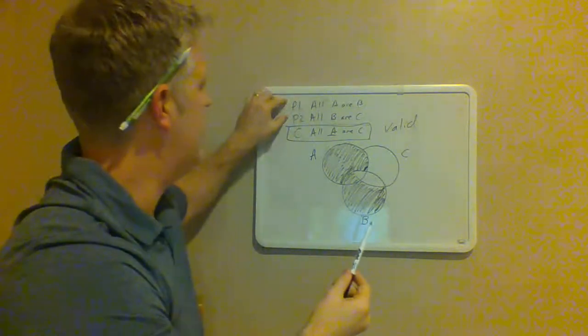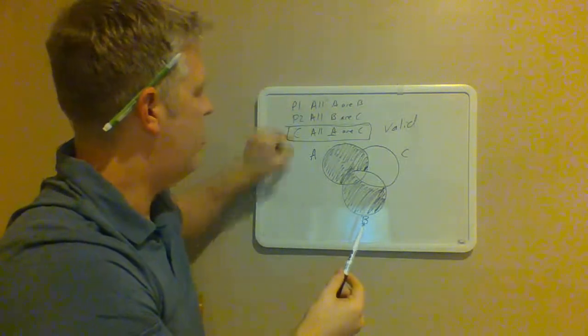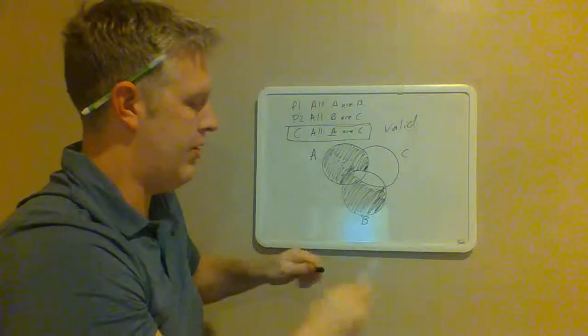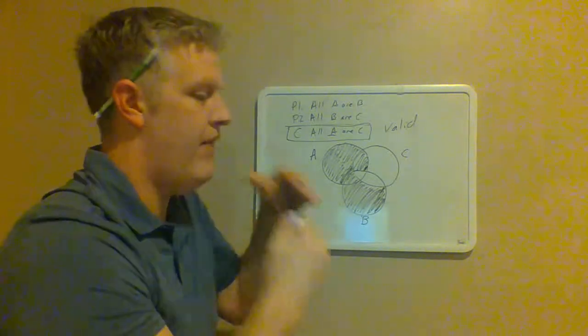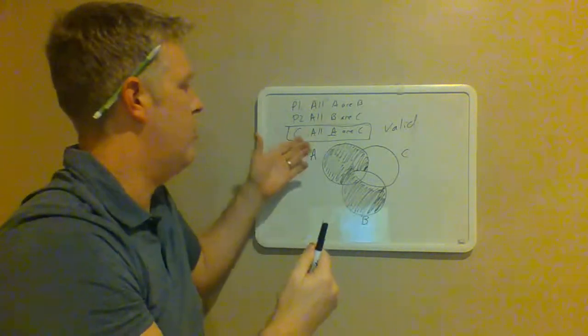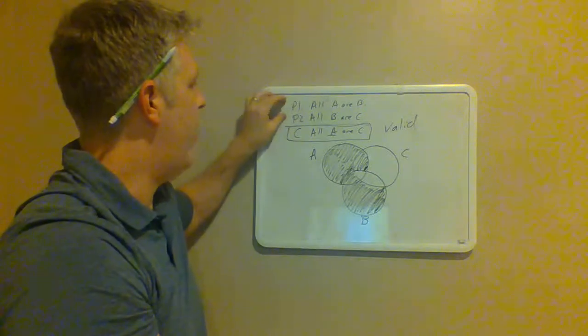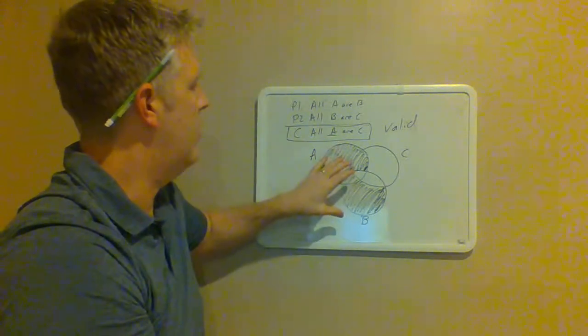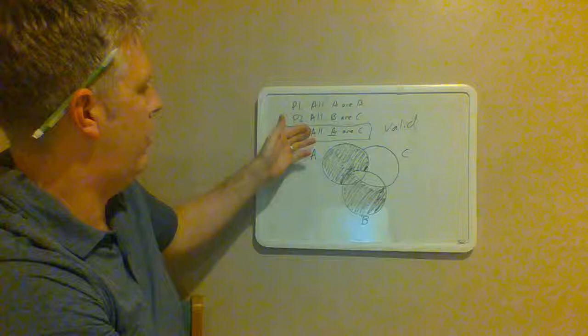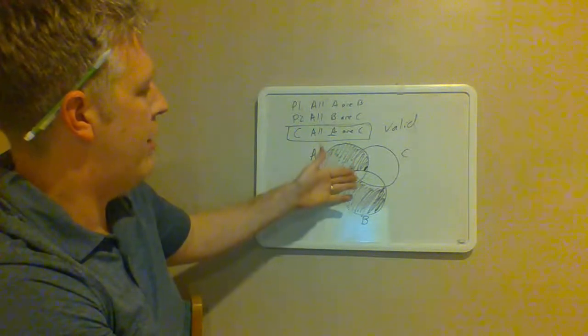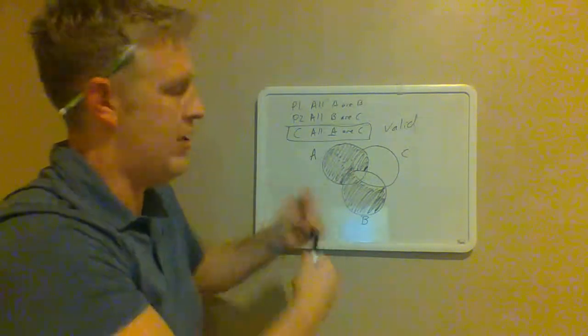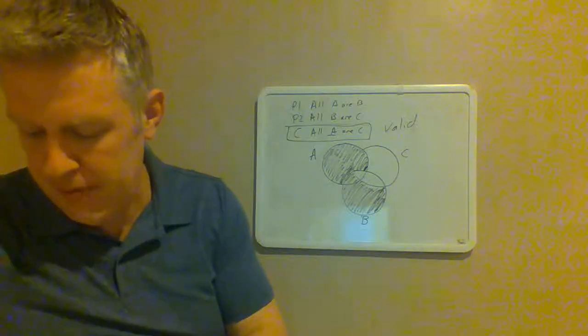Assuming these premises are true, the conclusion has to be the case, and that's what you're doing when you assess validity. You plot what it would look like for the premises to be true, then step back and ask, does the conclusion have to be true? It does in this instance, so that's why we label it valid.